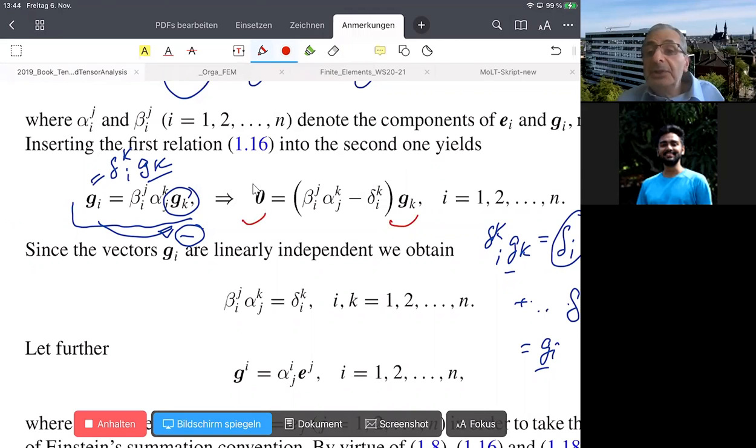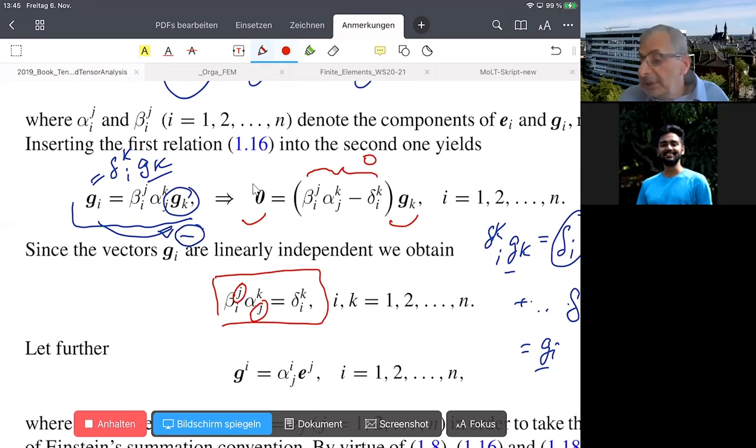But the vectors g_k are linearly independent because they belong to a basis. So the only possibility is that all these coefficients are zero. Which means that we get a very nice, important relation. By the way, be careful here again, we have summation over j.